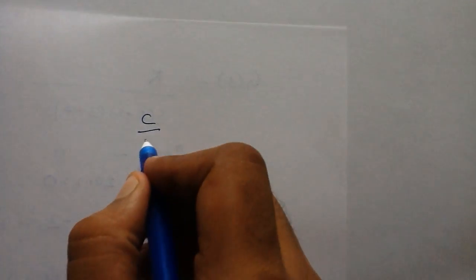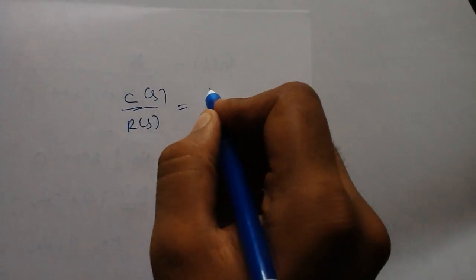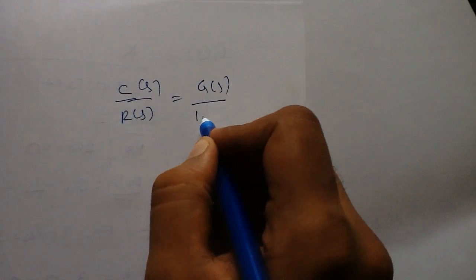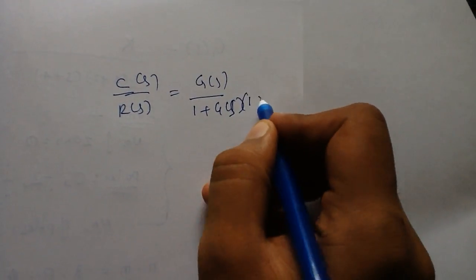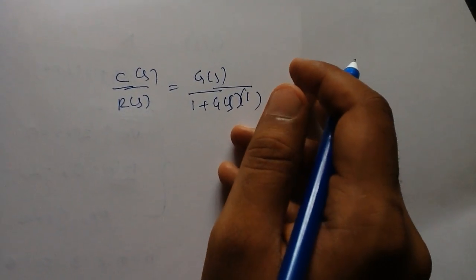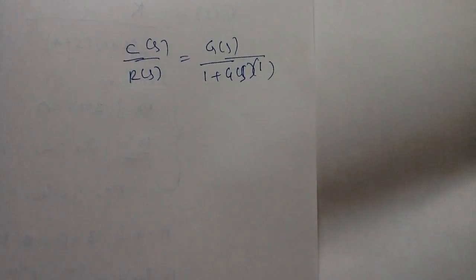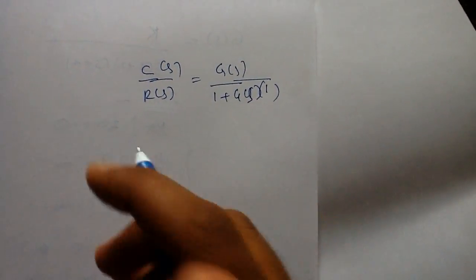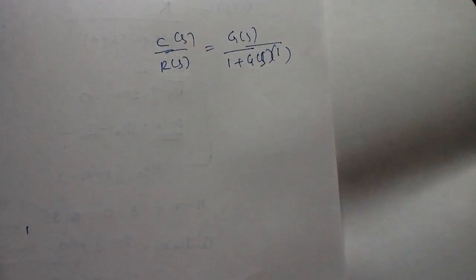So c of s by r of s is equal to g of s by 1 plus g of s into 1, because assuming it is unity feedback, when there is no feedback given in the question, assume it is a unity feedback. So now find out the closed loop transfer function.